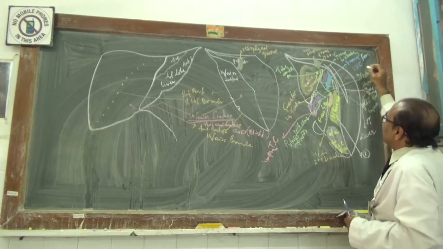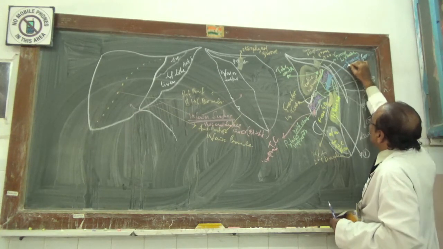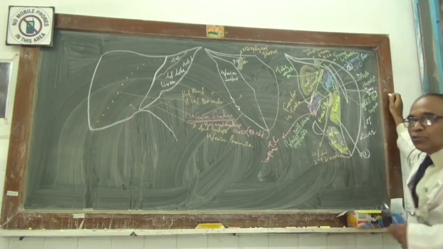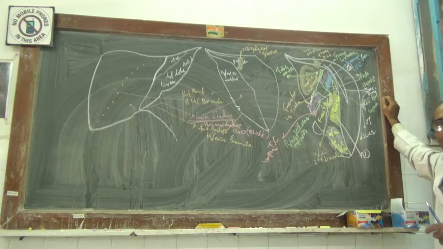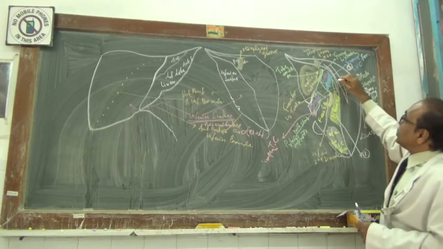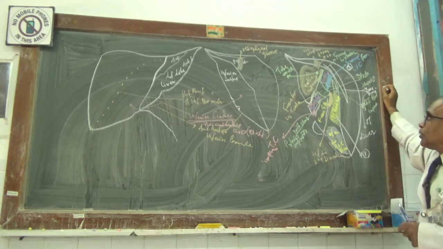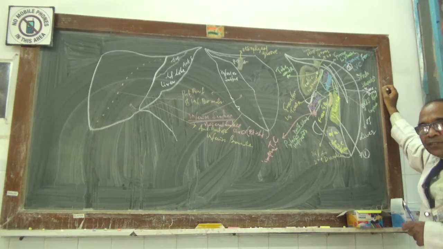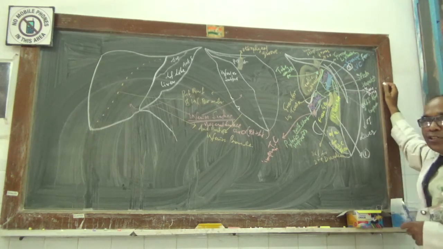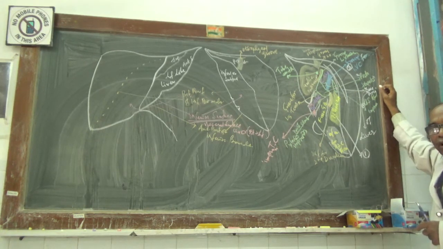So you will have the next, that is the third. There will be a groove. That groove is a longitudinal groove which will be there on the inferior surface of the right lobe of the liver. Now this longitudinal groove is a groove for the lodging of the abdominal part of the inferior vena cava.